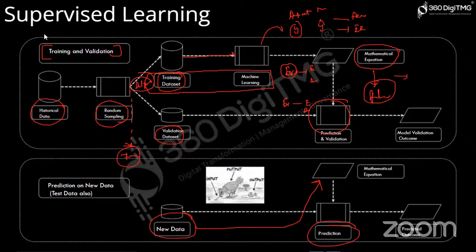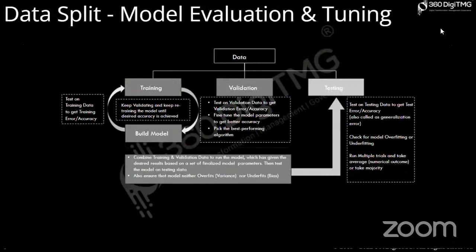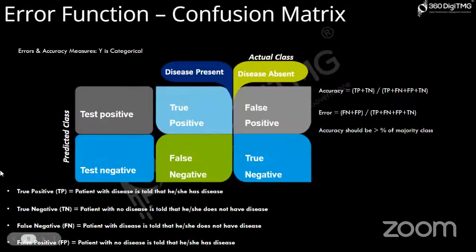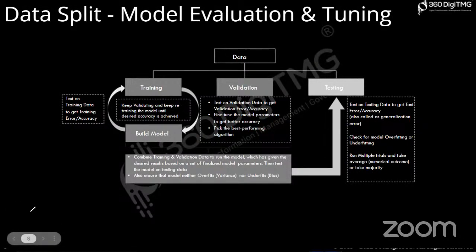This is the flow chart that we can see here. We have discussed the data split. If this is my random data, I am going to divide it into training, validation, and testing, three different sets, depending on the data.